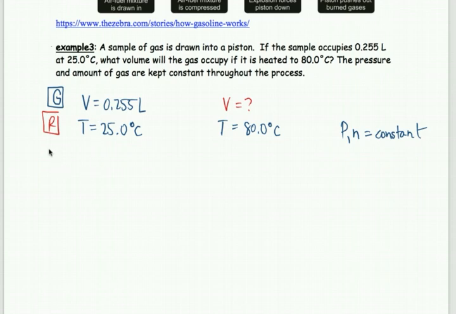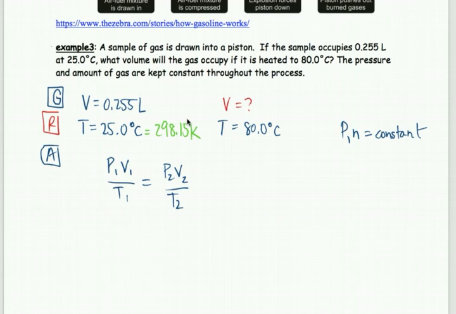Okay, so here's our plan. This is the one formula that we have been working with. Oh, and actually, sorry, before we keep going, let's convert the temperatures. So 298.15 kelvins.